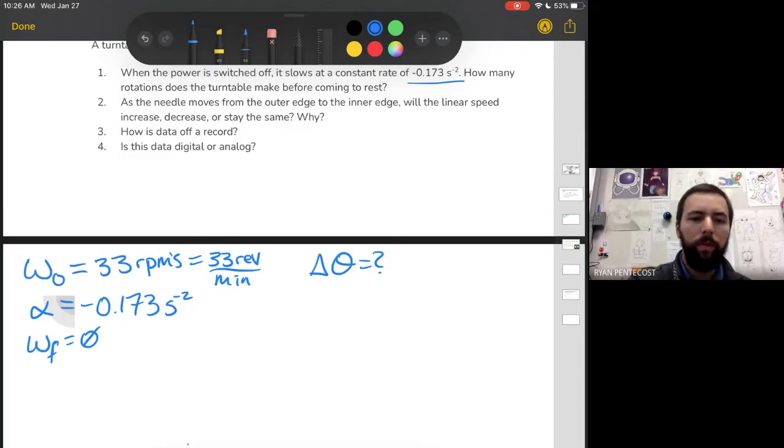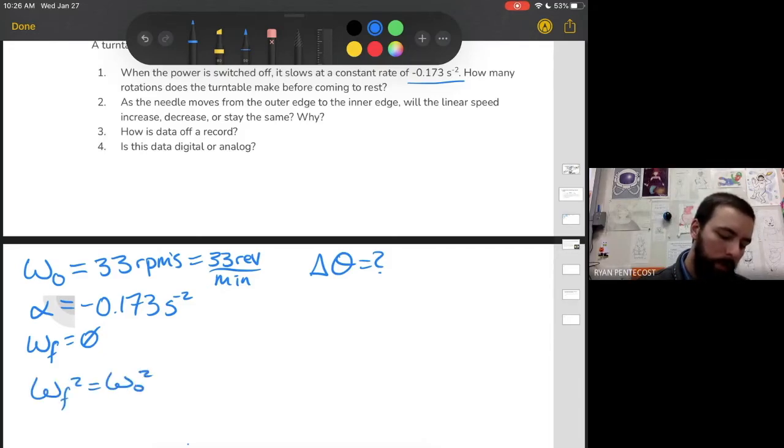So what we can do for this is use what we called the third equation, which is omega final squared equals omega naught squared plus 2 alpha delta theta. However, we can't mix units here, right?